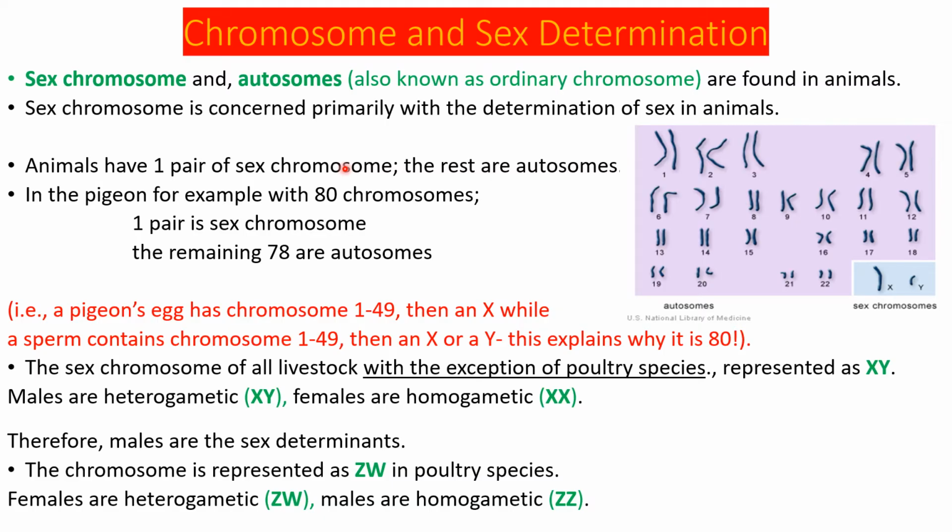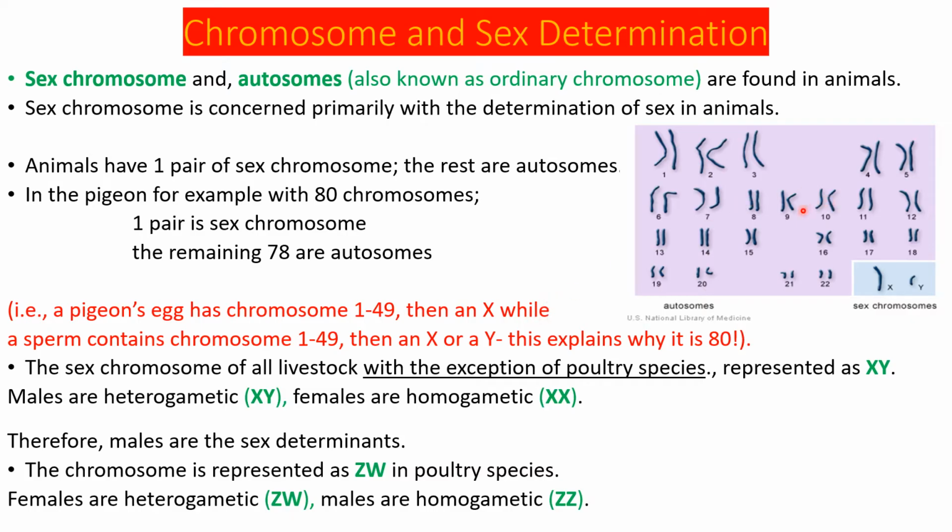In the pigeon, for example, with 80 chromosomes, a pair is sex chromosome while the remaining 78 are autosomes. That is to say, a pigeon's egg has chromosome 1 to 49, then an X, while a sperm cell contains chromosome 1 to 49, then an X or a Y, and this explains why it is 80.